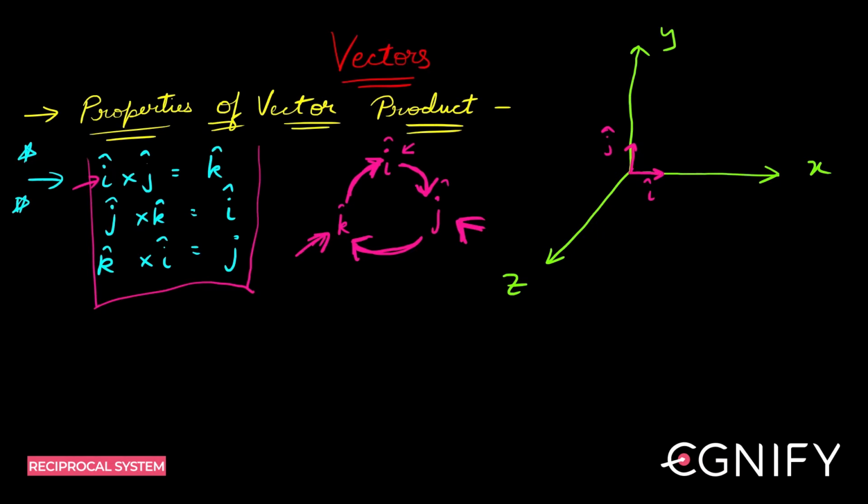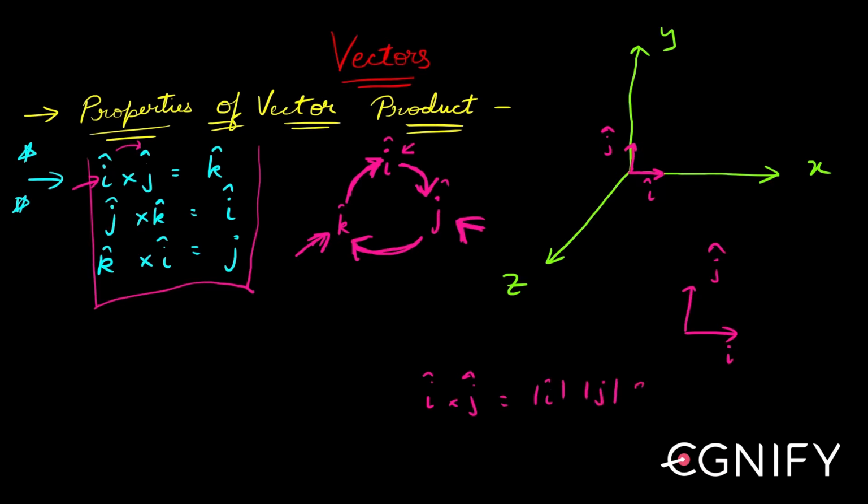What do I need? I need i cross j. So i is like this, j is like this. I need the direction of i cross j because first of all, what is i cross j? i cross j is mod i, mod j, sine of the angle between them, which is 90, into some n cap which is perpendicular to both i and j.